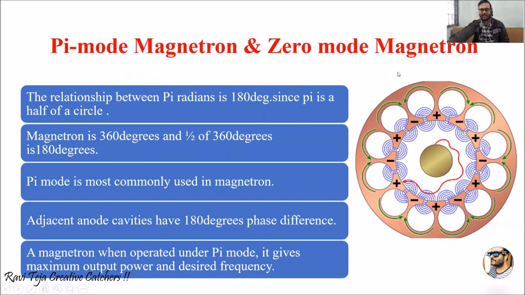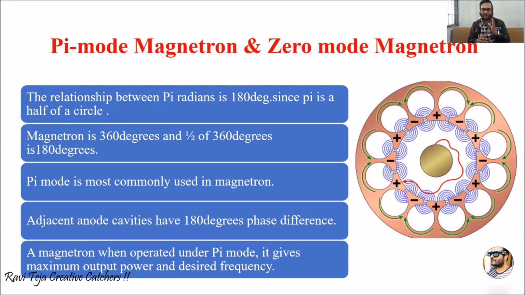All the cavities combined comprise 360 degrees, and whenever the magnetron is working, at least half of the cavities will be in working stage, which we consider as 180 degrees. This particular mode is also called pi mode, as pi indicates 180 degrees. So whenever we use at least half of the cavities in a magnetron, it is called pi mode. Commonly, pi mode is mostly used in magnetrons.